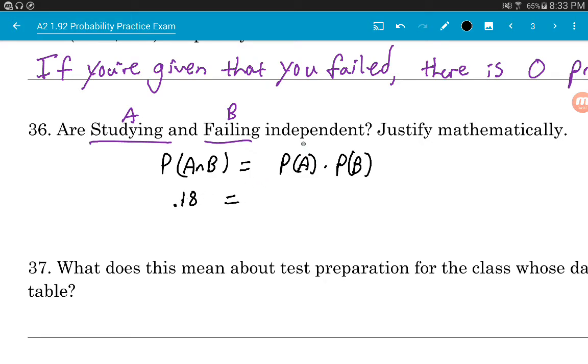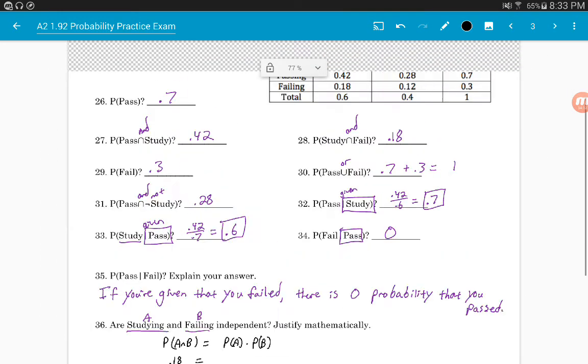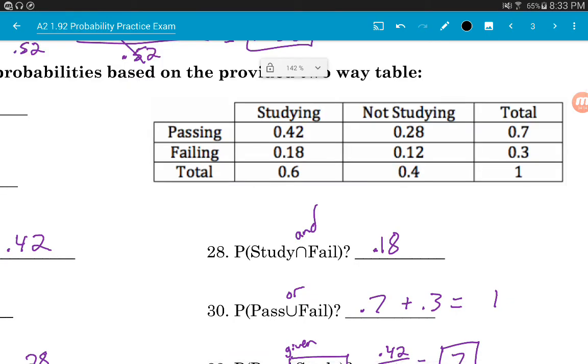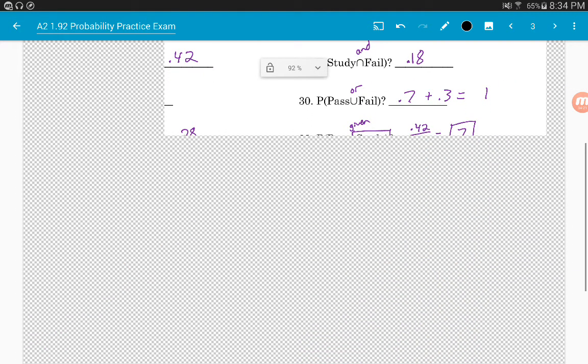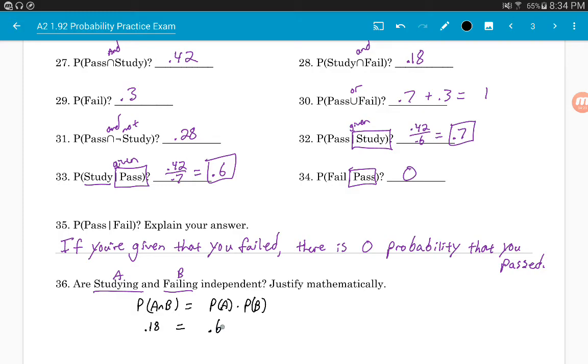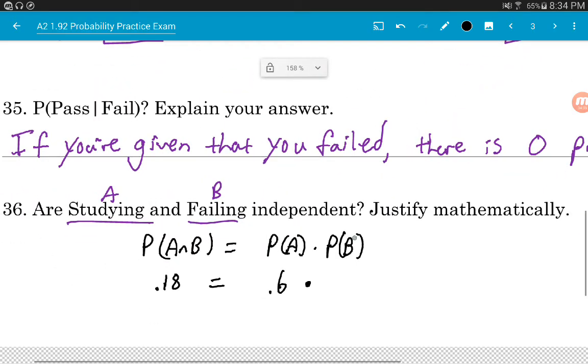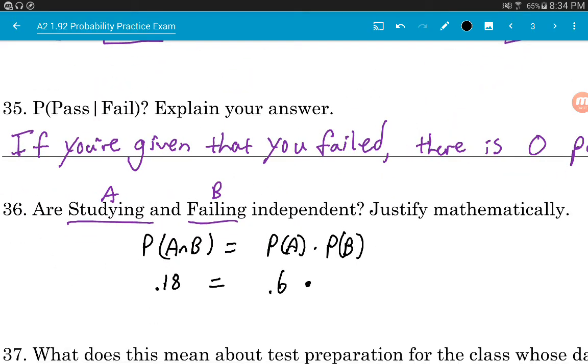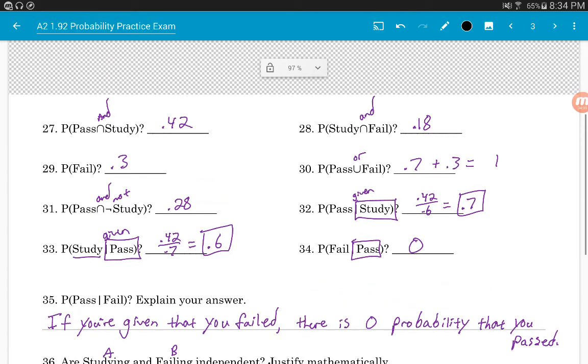So this should be equal to the probability of A, which is the probability of studying. Let's go back to the table. The probability of studying is 0.6 out of 1. That's the total for studying, which is just 0.6, times the probability of B, which is the probability of failing.